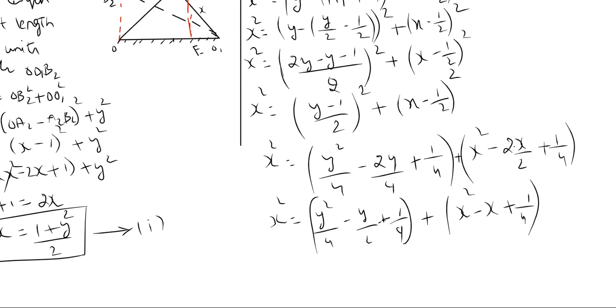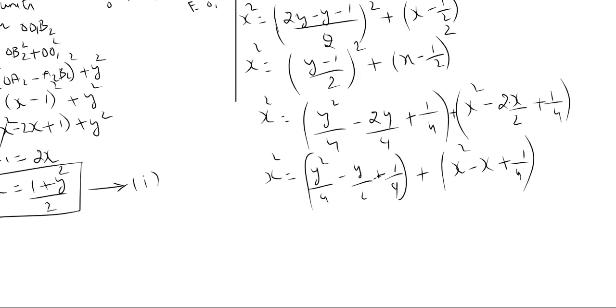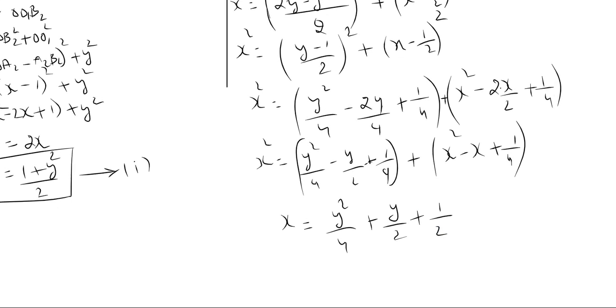Okay, so we will get this equation like this. And now if you solve this equation and cancel the common terms, x square and x square will get cancelled, and finally we are left with the equation x is equals to y square by 4 plus y by 2 plus 1 by 2. So you will get this final equation.